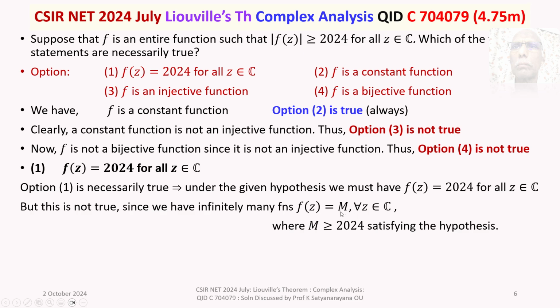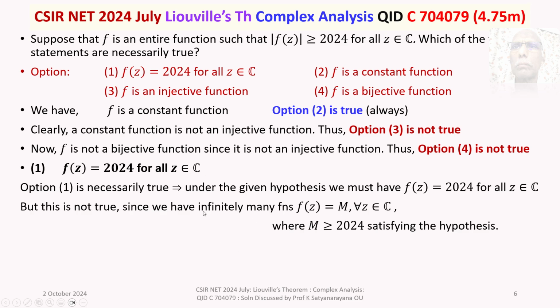So, this is true for each m, but how many m's can you choose? You can choose infinitely many. Thus, we have infinitely many functions, and one of the functions is f(z) is equal to 2024 for all z belongs to C. One of them. Besides this, there are several.